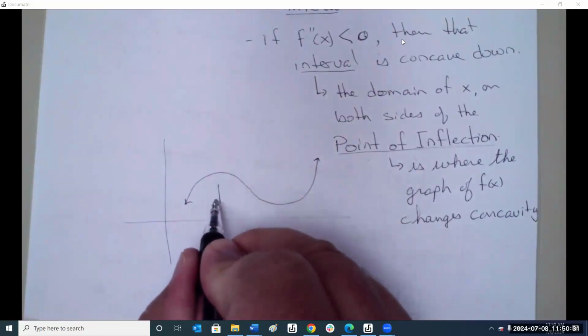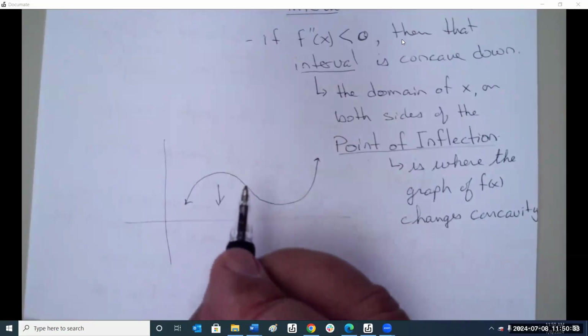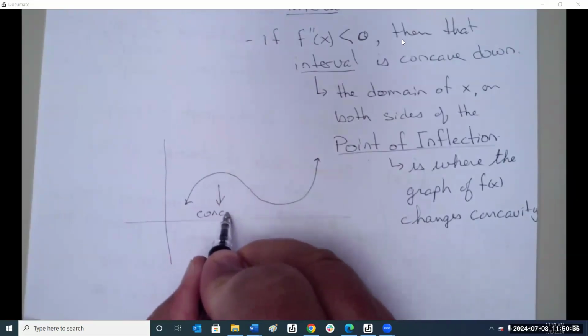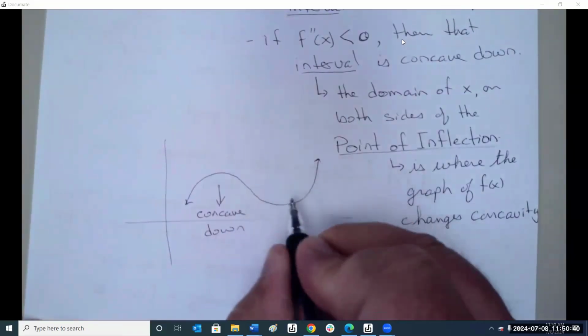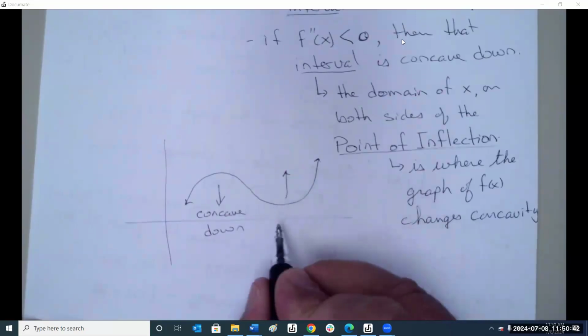Because this part of the graph is concave down, this part of the graph is concave up.